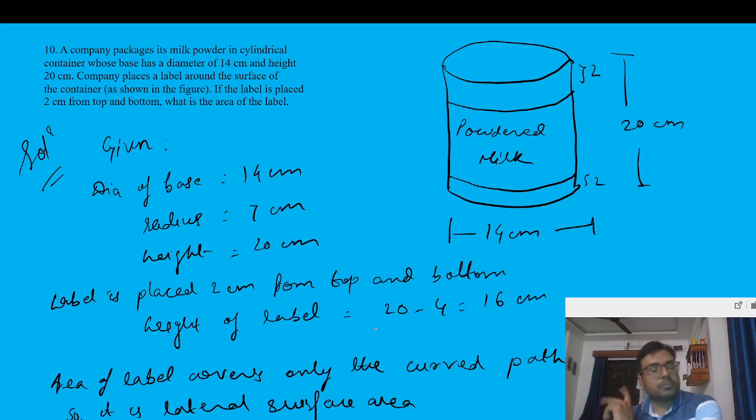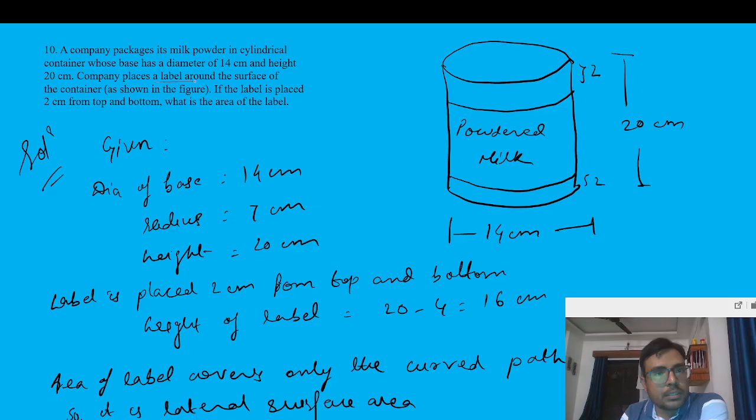Now, last an important question. A company packages its milk powder in a cylindrical container whose base has a diameter 14. Base diameter is given 14 and height 20 centimeter. This total height is given 20.